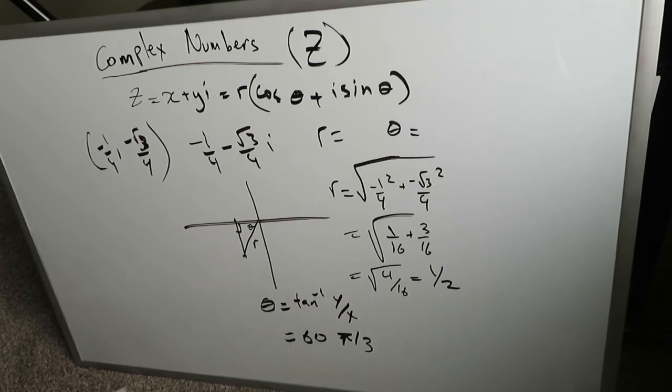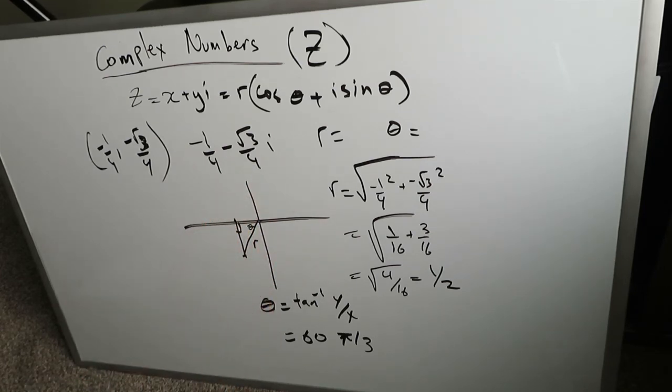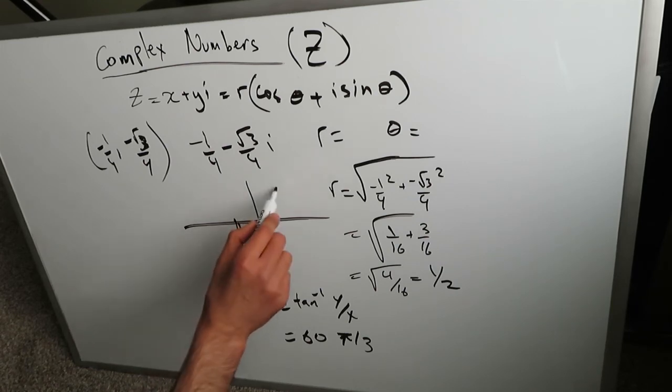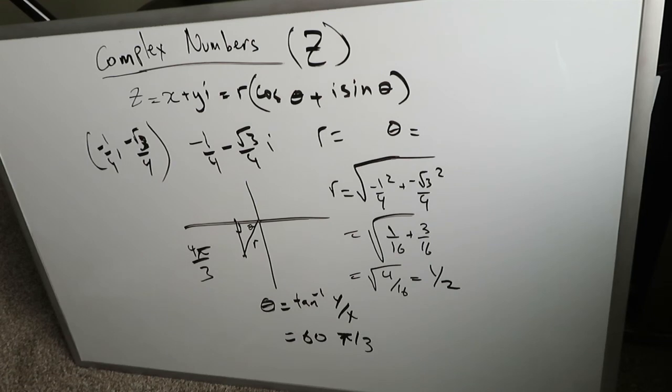But is this really our right answer? We're looking here in quadrant number 3. Quadrant 1, 2, 3, 4. What's our 60 degree angle in quadrant 3? Pi over 3, 2 pi over 3, 4 pi over 3. Here's my real argument, 4 pi over 3. Now how do we write all of this in its polar form?